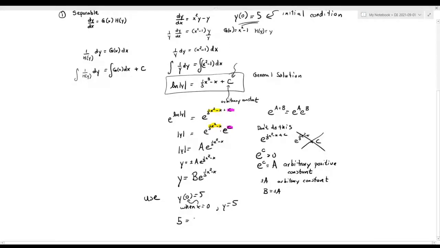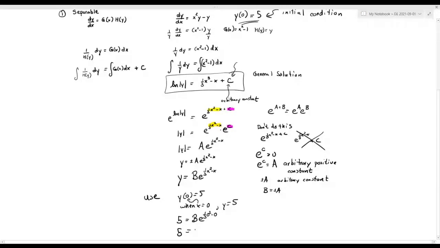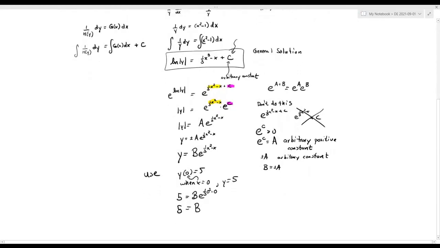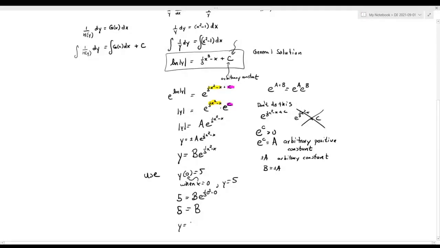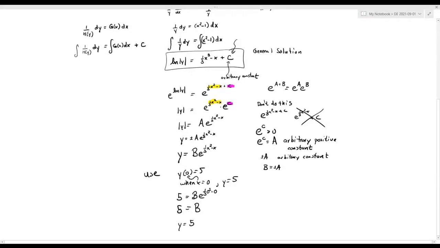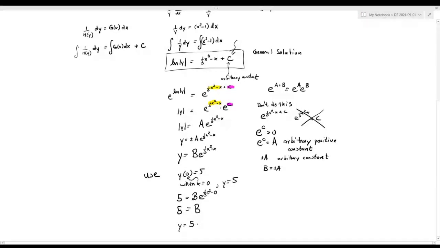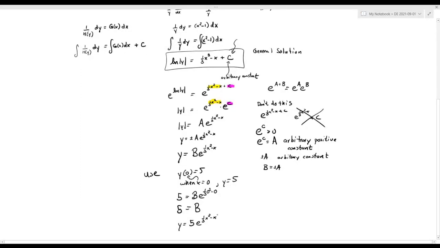So y is 5, b equals 5. And so now we see that to solve our initial value problem, we found the value of that arbitrary constant using our initial condition. So this comes from the family of solutions to the differential equation, but it also satisfies the given initial condition.